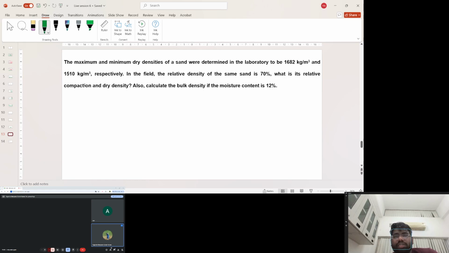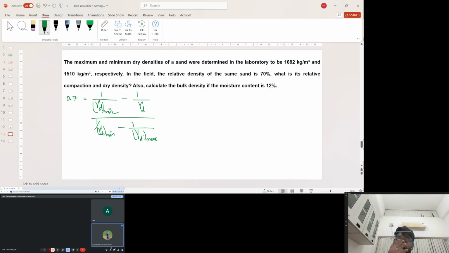We know the relative density is 70%, that is, you can write 0.7 equal to (1 by gamma d minimum minus 1 by gamma d) divided by (1 by gamma d minimum minus 1 by gamma d max).